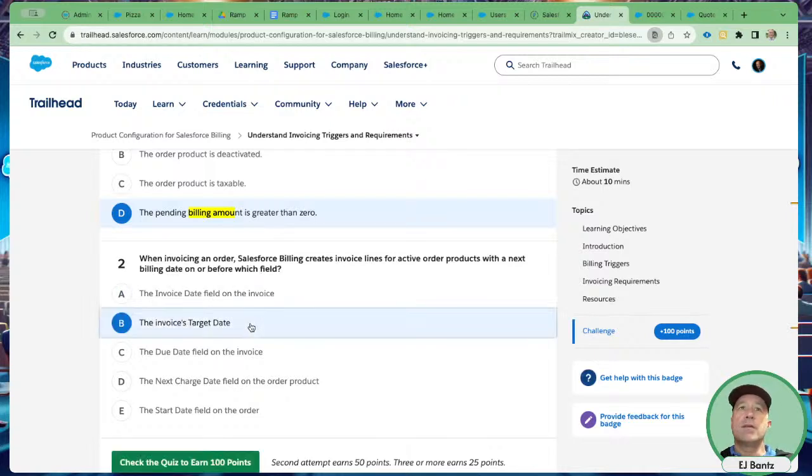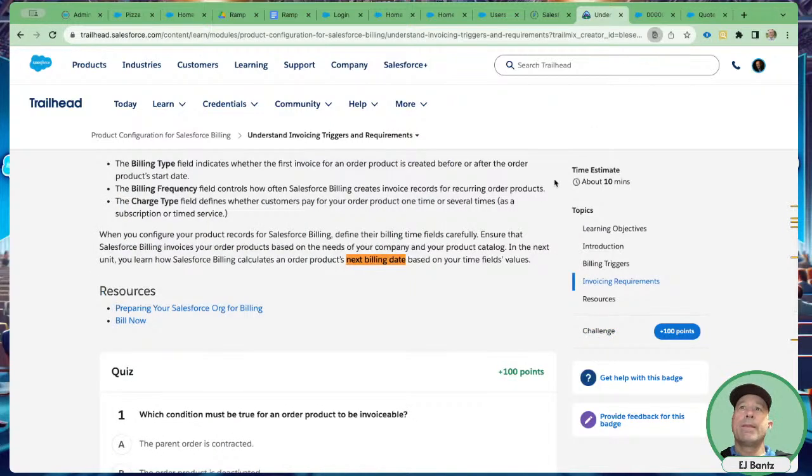I think it's the invoicing target date, but... Ensure that the Salesforce billing invoices on your order product.